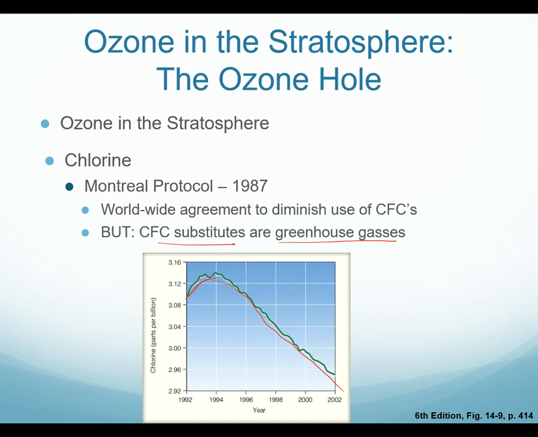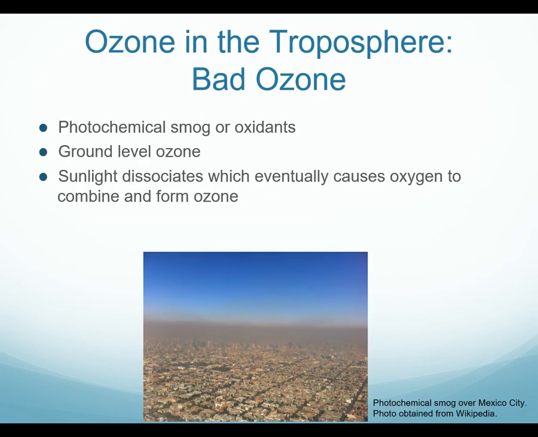Now, at the beginning of this video, I mentioned that there are two types of ozone that we needed to deal with. One was stratospheric ozone, the other is tropospheric ozone. When you have ozone in large concentrations around other chemicals, then you can develop what's called photochemical smog, and that comes from ground level ozone.